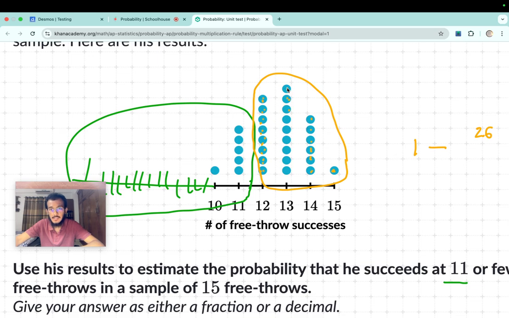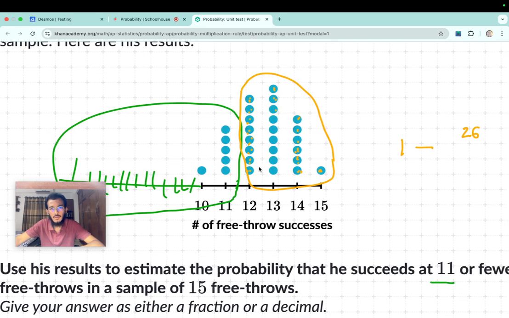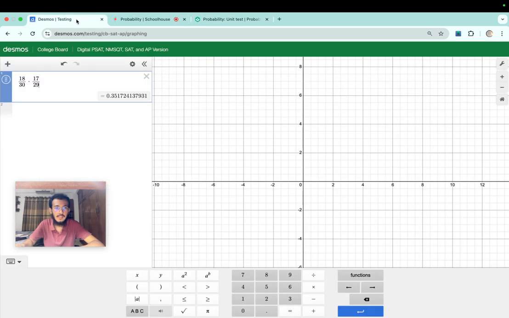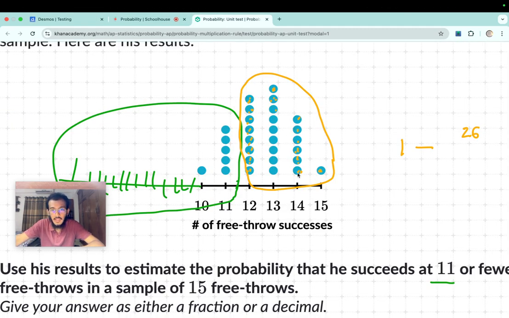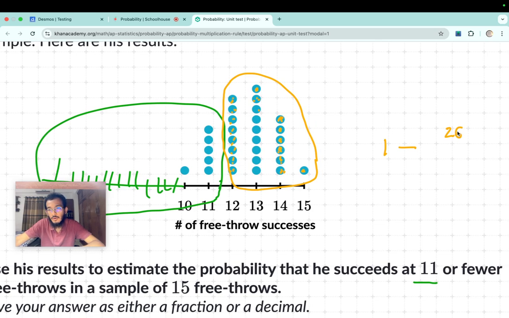So 8 plus 8 is 16, right? Yeah. So 17, 18, 19, 20, 21, 22, 23, 24. Okay, so 24. But why was it 26 the first time?